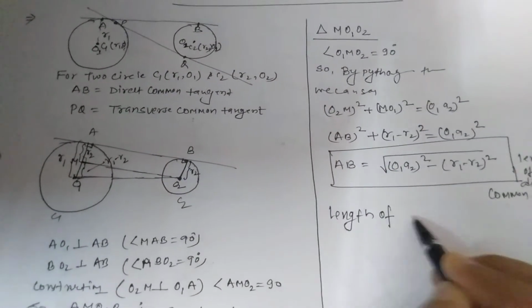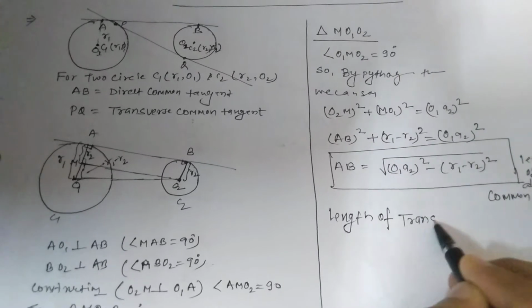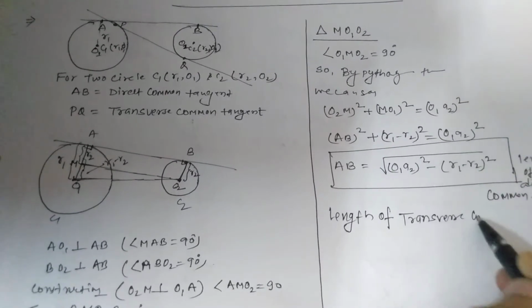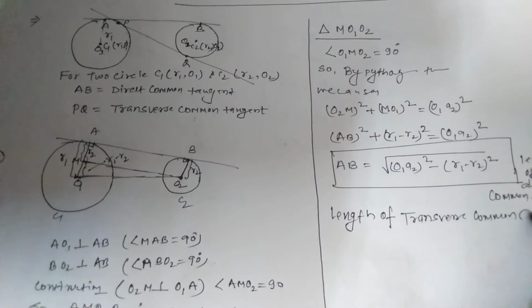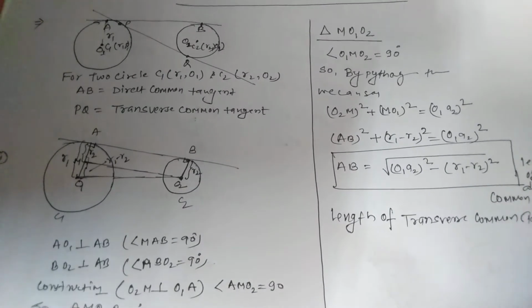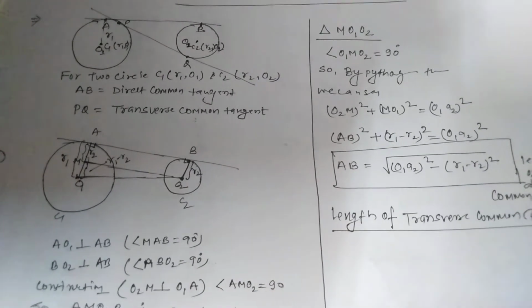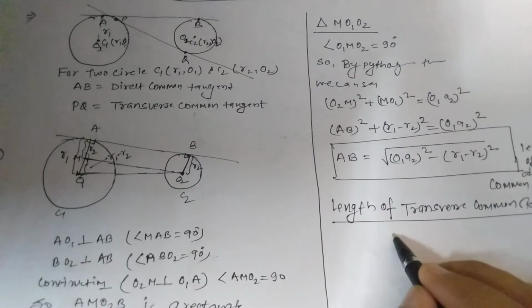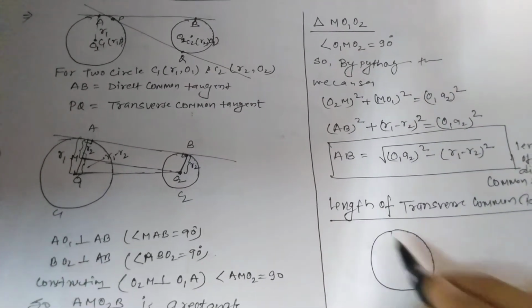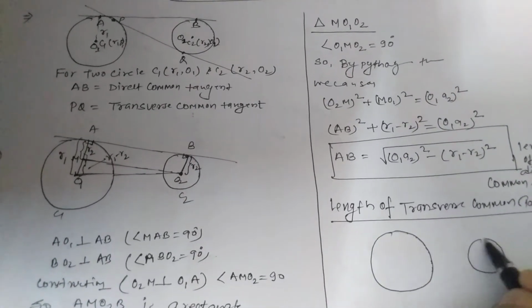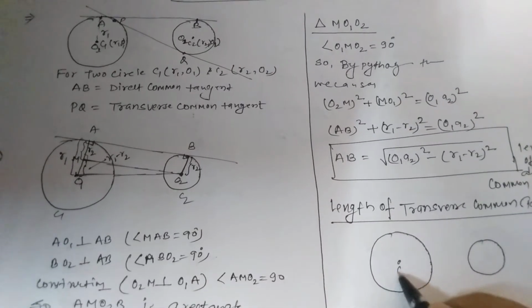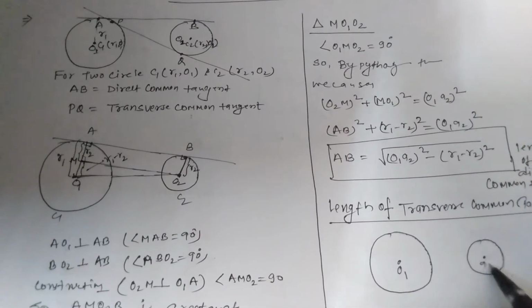Similarly we will find length of transverse common tangent. Clear? So what is transverse common tangent and how to find this length? So these are your two circles, this is O1, this is O2.